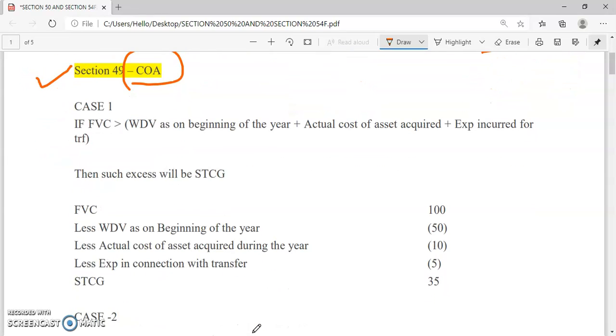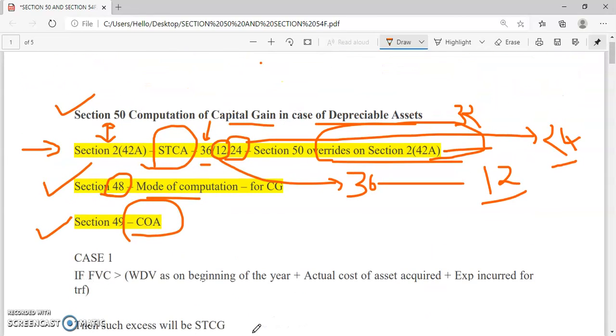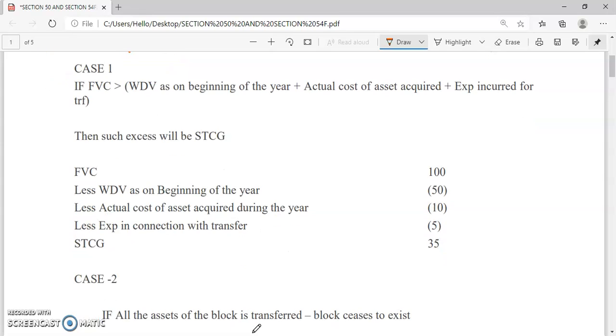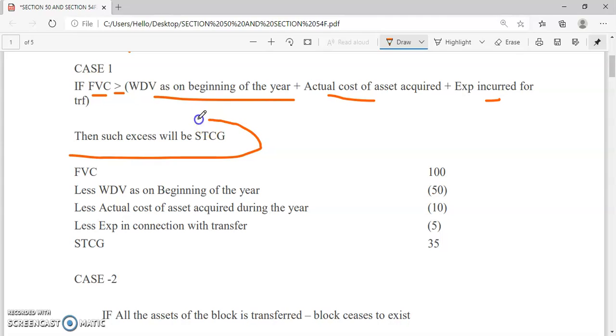Now we will understand this Section 50 provision with the help of a case study. For example, if you have sold the depreciable asset and the full value of consideration is greater than the WDV at the beginning of the year plus actual cost plus expense incurred on transfer, then such excess will be termed as a short term capital gain.